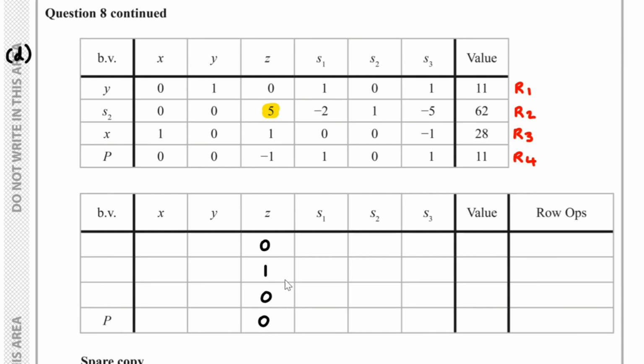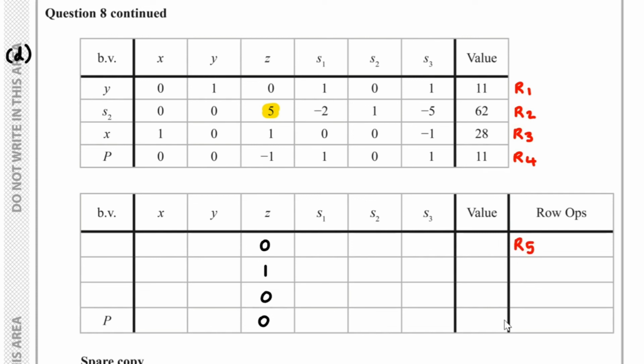So, for me to get a 1 here, I need to take my row 2 and divide that by 5. So what we'll do to begin with is label the new rows. Here, I've got row 5.